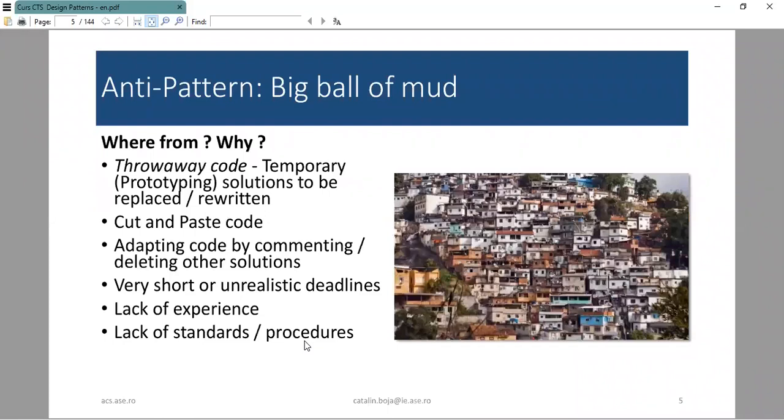Okay, now another example from real life is also this image, and maybe you have seen this in the news. This is the kind of urban development in developing countries, or maybe in some Latin American countries, where you have this discrepancy with normal urban development.